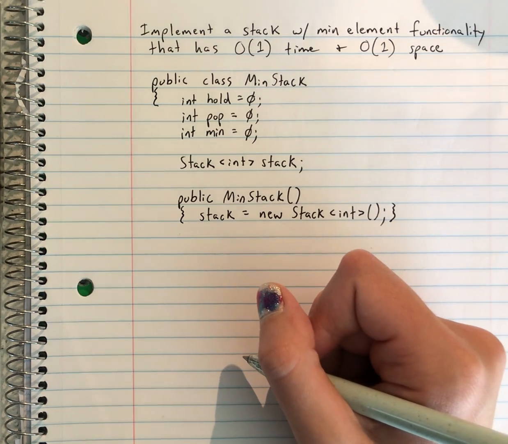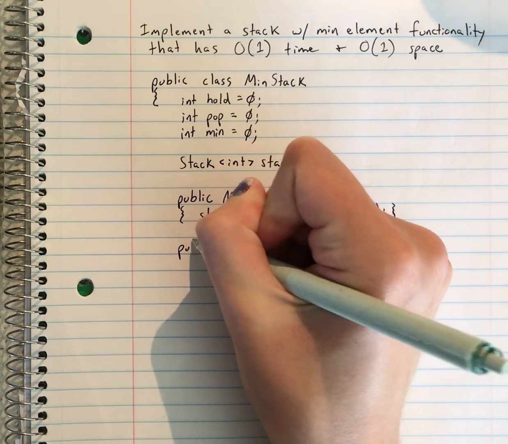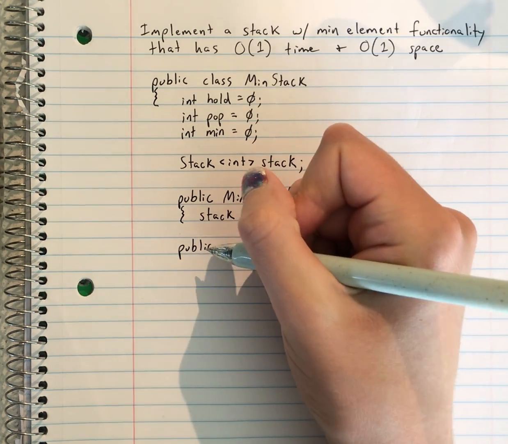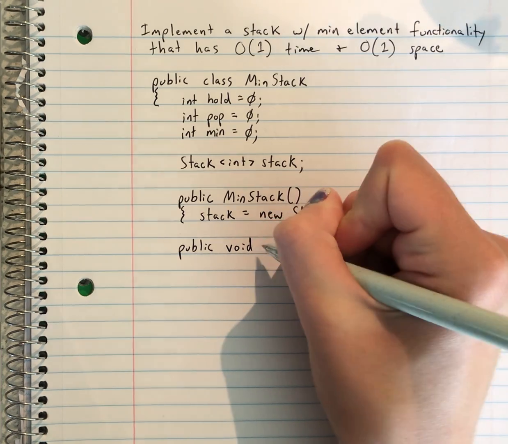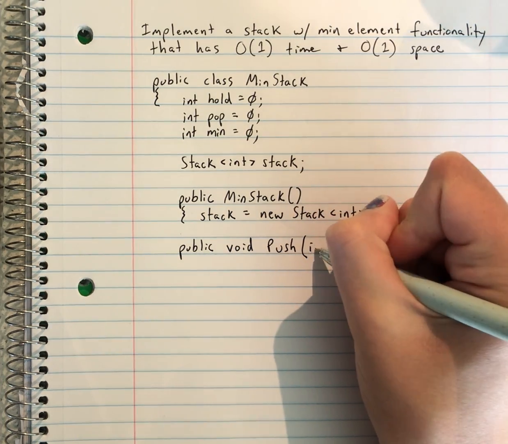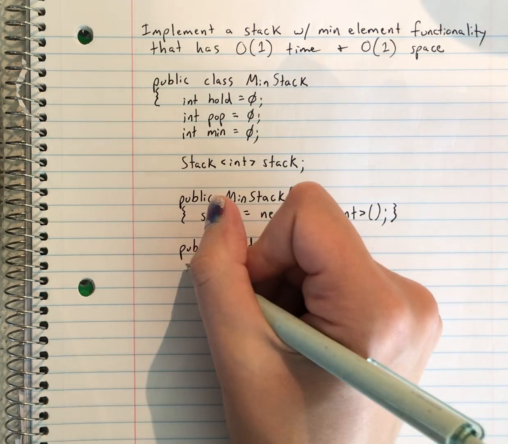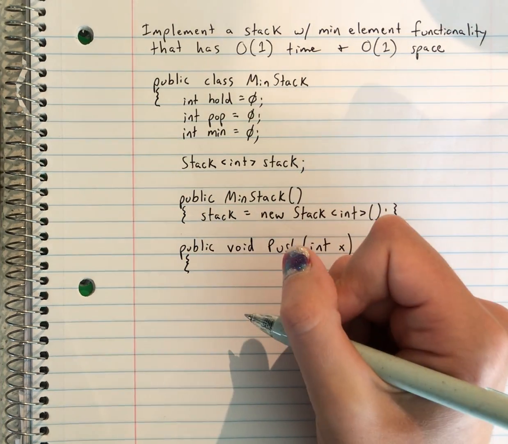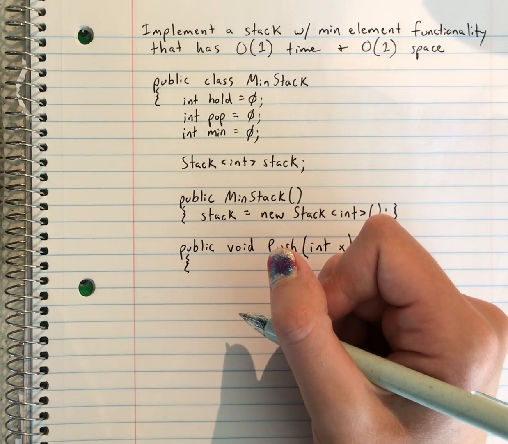Next, we'll work on our push method. We don't have to return anything, so it's void, passing in an integer x. Let's check if the stack is empty.